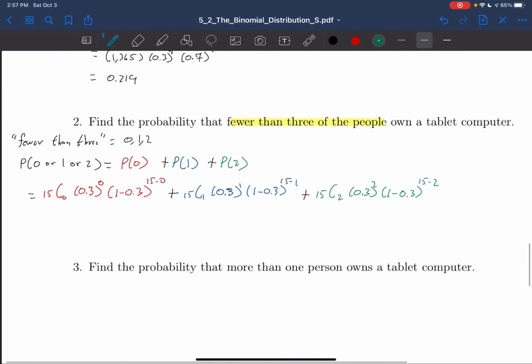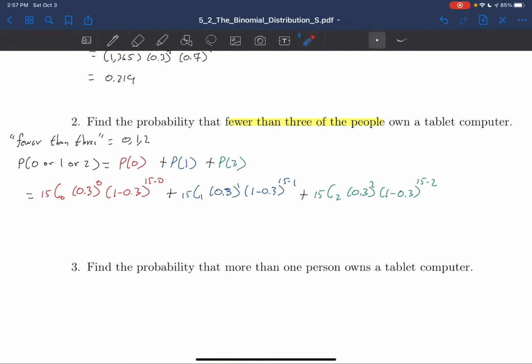So all I'm doing is computing each of these probabilities individually and then adding them up. Because each trial is independent, I could use this rule.